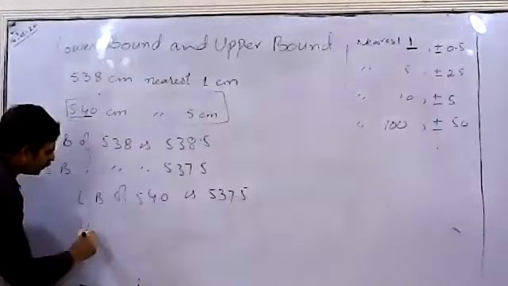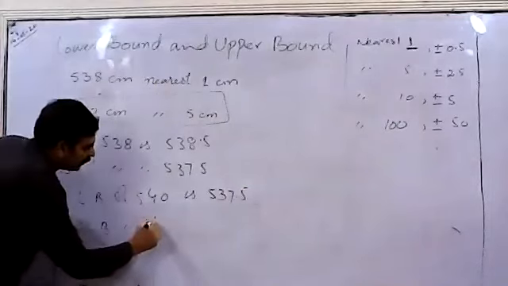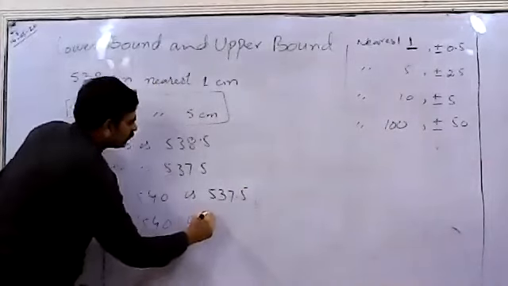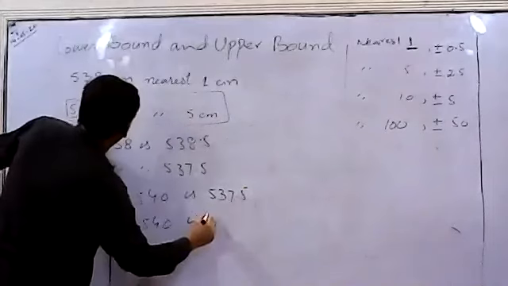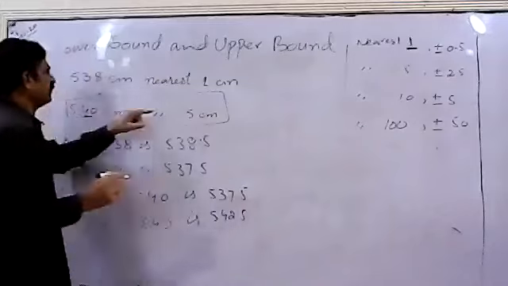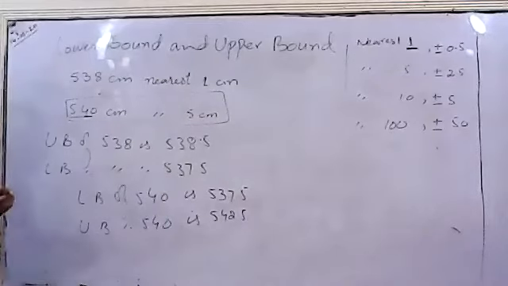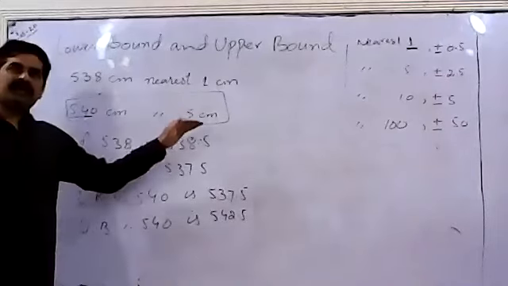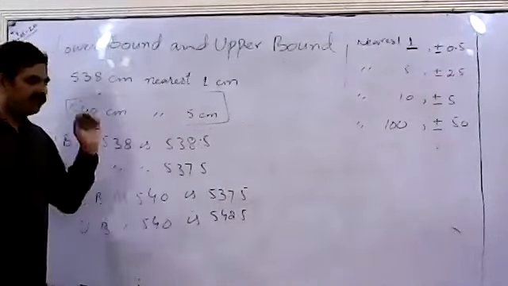And the upper bound of this value is 542.5, because this value is nearest 5. If this value is nearest 10, we will add 5 or subtract 5 from the same value.